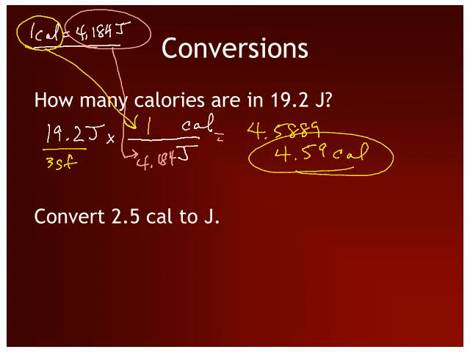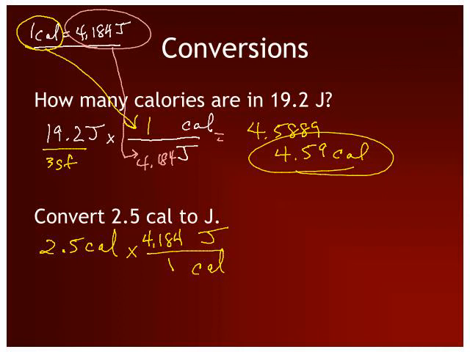If we want to do one going in the other direction, 2.5 calories. Underneath has to be the same units diagonal down so we can cancel out, and we're looking for joules. Okay, again, next to calories is a 1, and next to joules is 4.184.